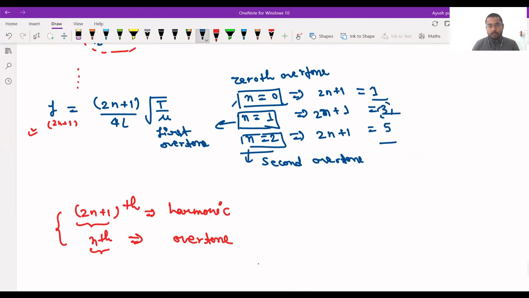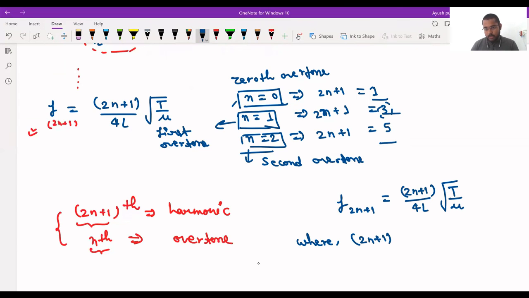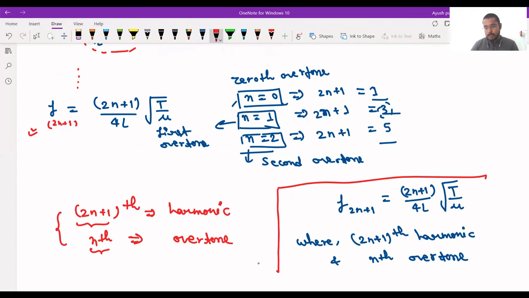So I am writing this formula in the bracket: f(2n+1) is equal to (2n plus 1) upon 4l root of T upon mu, where 2n plus 1 is the harmonic and n is the nth overtone. Great. So just remember what is in the bracket, and you will understand. And one more thing I want to point out here.